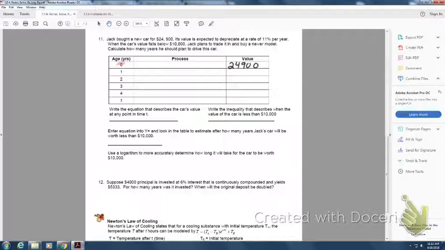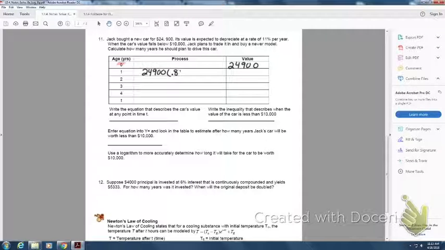And then if I wanted to find how much it was worth after 1 year, what could I do to that value? Multiply by 0.89, because it's depreciation.